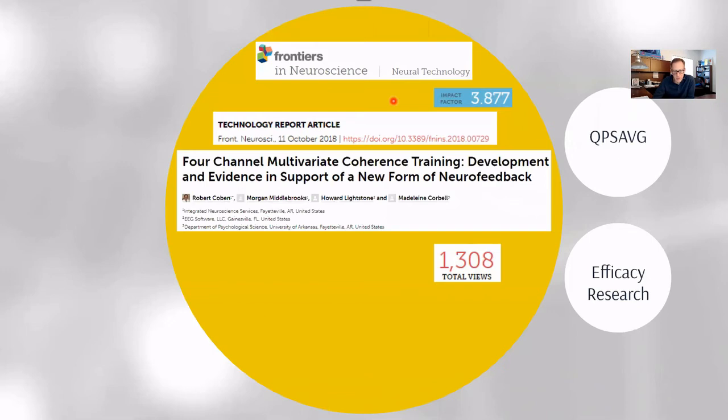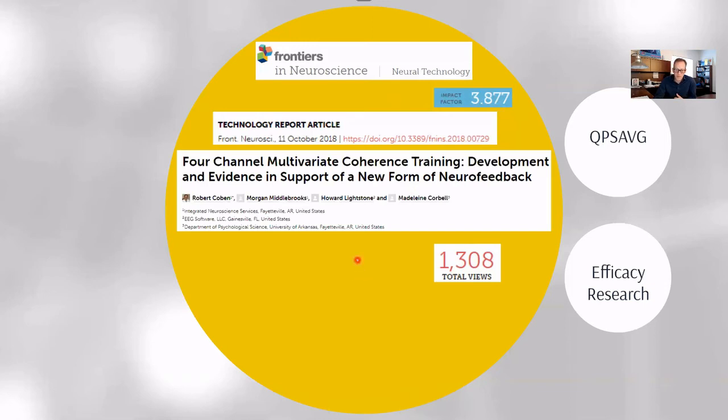2 months ago actually, in Frontiers in Human Neuroscience, which is an open source journal with an impact factor of 3.8, which is very large. Most neurofeedback journals, for example, have an impact factor of 1 or 1.2. So this goes out to more people in neuroscience, even beyond those that just do neurofeedback every day.